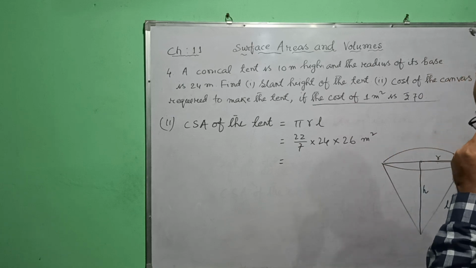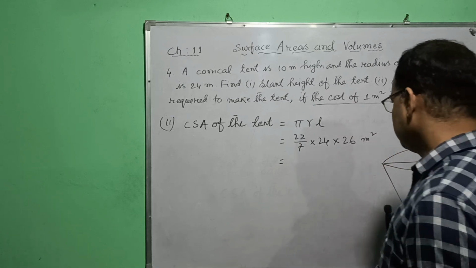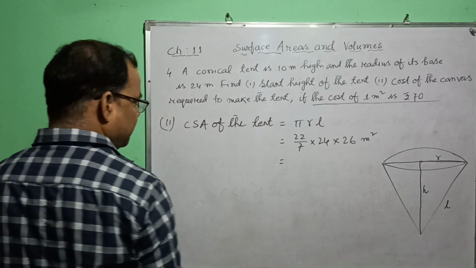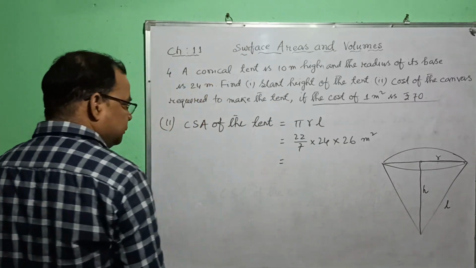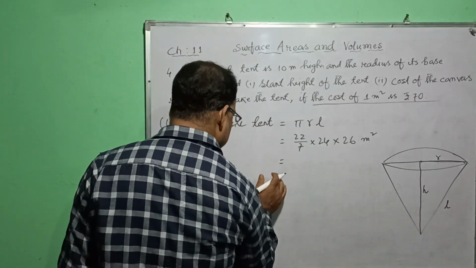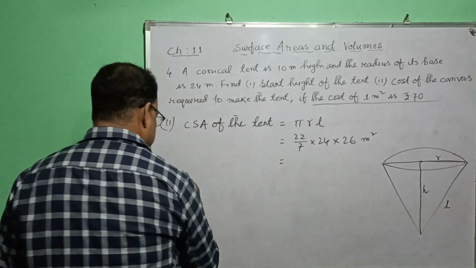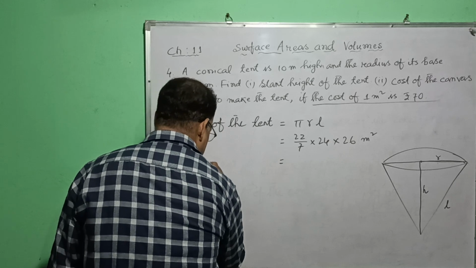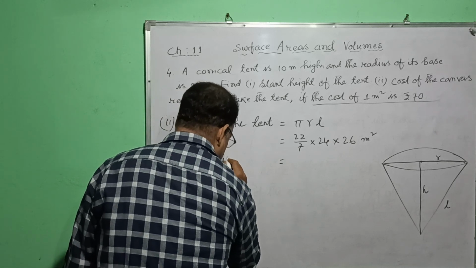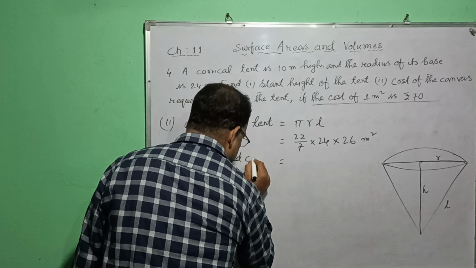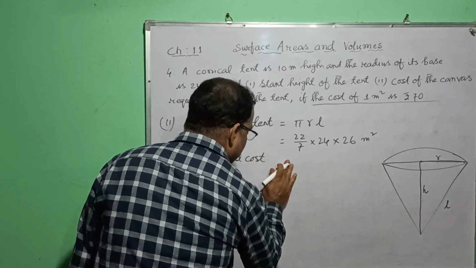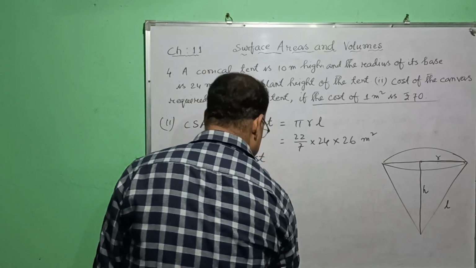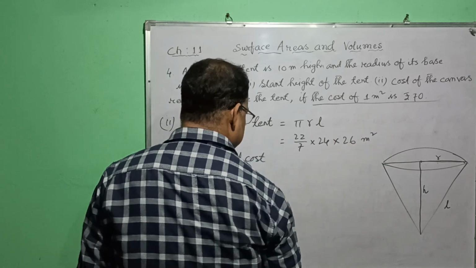Now, it is not divisible, so we have to multiply it. Or we can write directly the cost. Therefore, the required cost equal, so it is 70.